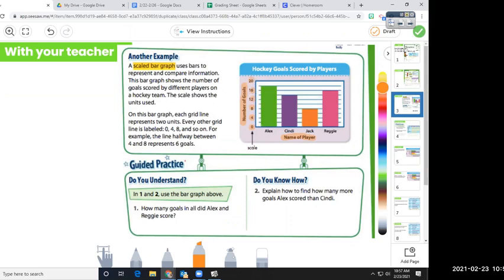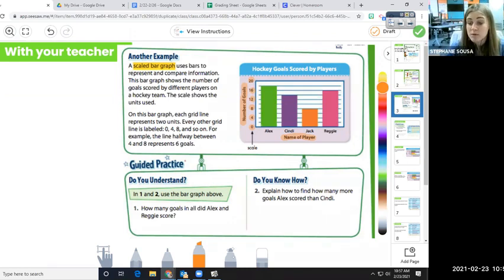Y'all know fours, by 4s. Right, that's why we learn those multiplication songs. They can help us with scales. So we can always tell the scale by looking from 0 to the first number that's listed. And that's counting by 4s because 0 to 4 is 4 numbers. 1, 2, 3, 4.